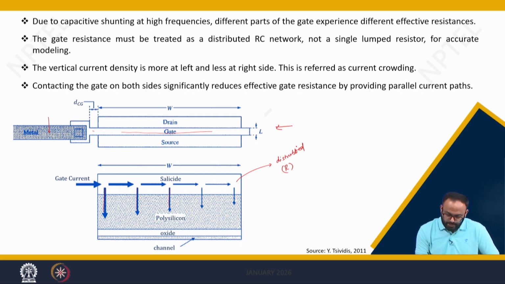Because of that, the vertical direction current is different. This phenomenon is called current crowding. One of the possible solutions to avoid this current crowding is you can connect the metal gate from both the sides, right? From this side and that side. So we can simply say that the gate resistance significantly influences the overall performance of the MOSFET.